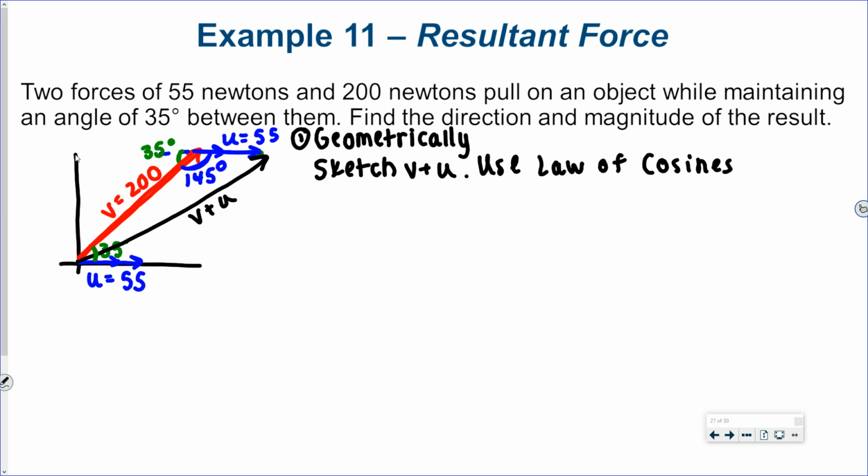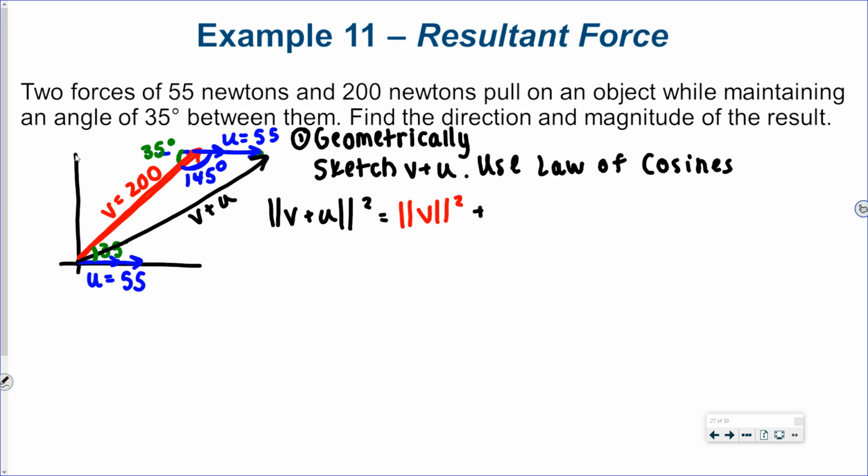The magnitude of v plus u, squared, this is law of cosines, is equal to the other two sides squared, so the magnitude of the other two sides squared, which I'll add in those numbers in a second.